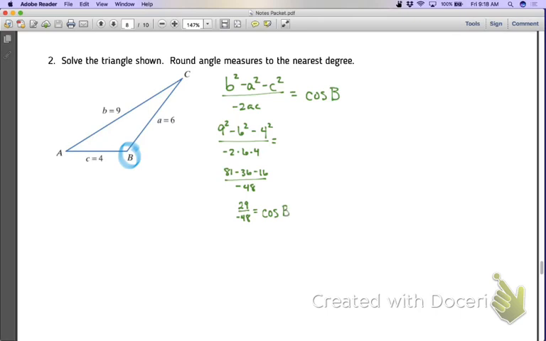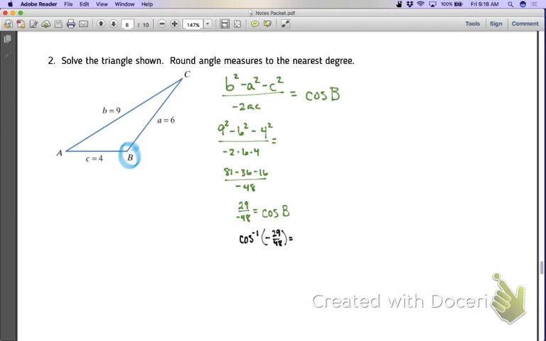Now, here's why students, whenever they have all the sides, usually like to use this instead. For their finished product, whenever they have to type it into the calculator, all they have to do is go inverse cosine, and just type in negative 29 over 48, just type in the fraction.